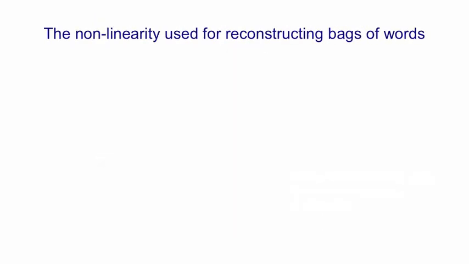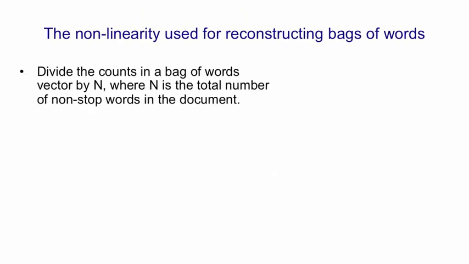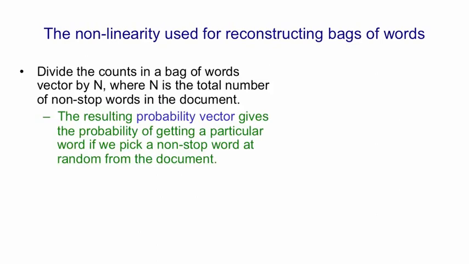There's one problem with this, which is word counts aren't quite the same as pixels or real values. What we do is we divide the counts in a bag of words by the total number of non-stop words, and that converts the vector of counts into a probability vector where the numbers add up to 1.